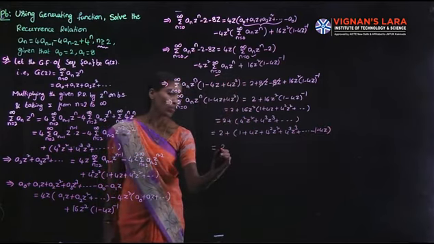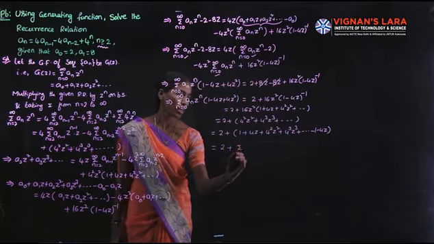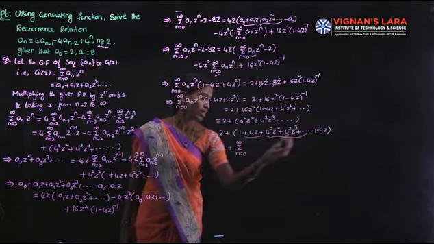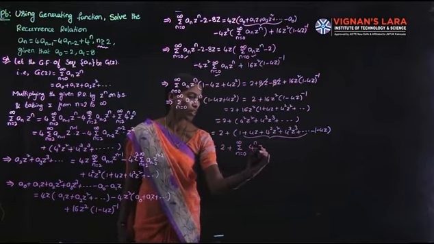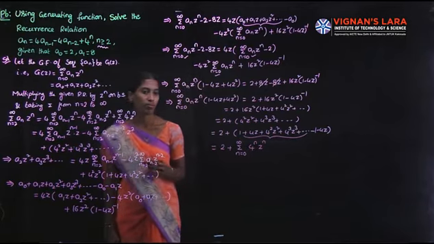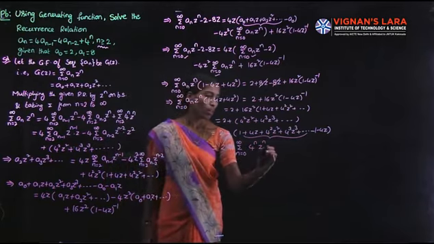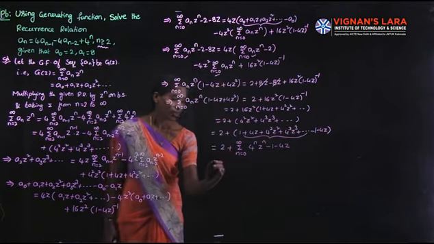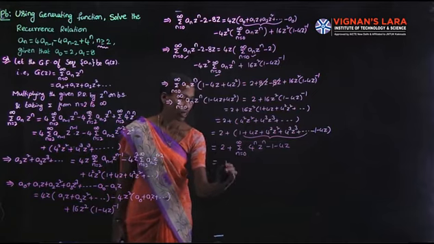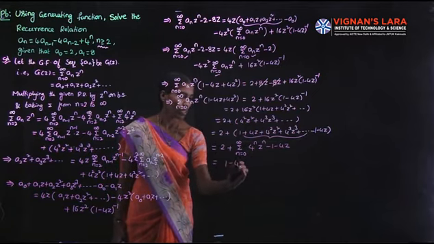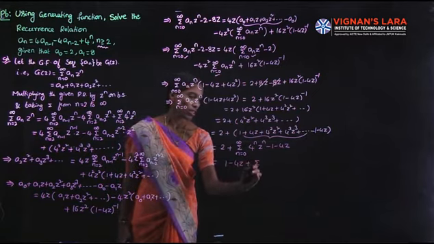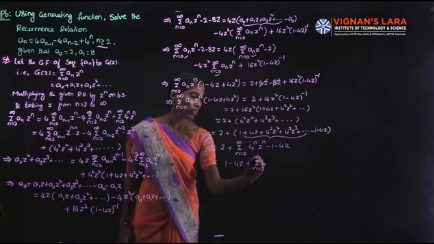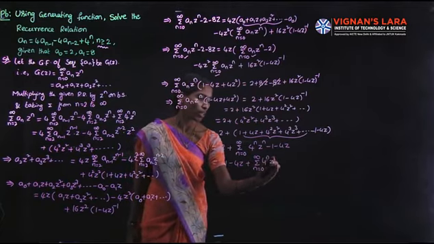So this is equal to 2 plus sigma n equal to 0 to infinity, and these terms are nothing but 4^n z^n, minus 1 minus 4z, which is equal to 2 minus 1, that is 1 minus 4z, plus sigma n equal to 0 to infinity 4^n z^n.